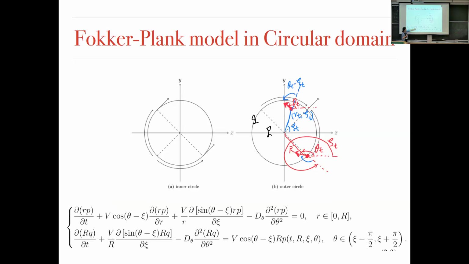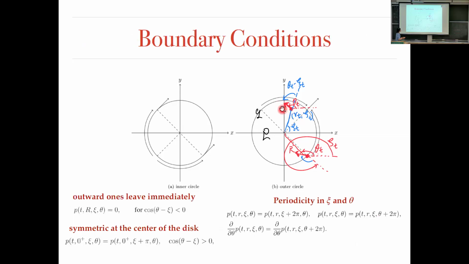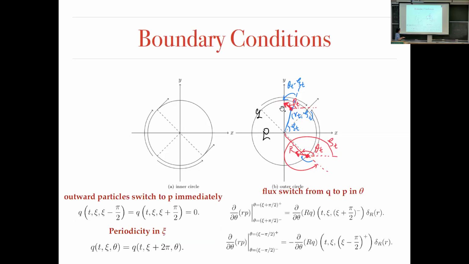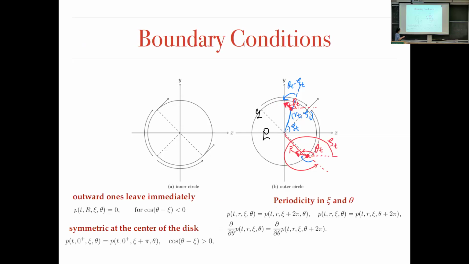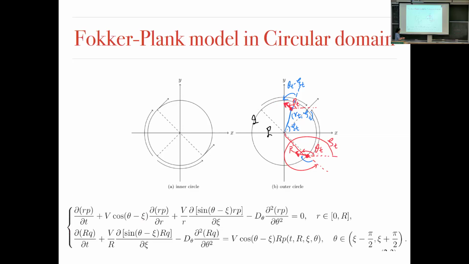the velocity in your R variable would be V cosine theta minus C, because C describes the position, while theta describes its movement direction. If we think about this red cell here, its movement direction is this red arrow.